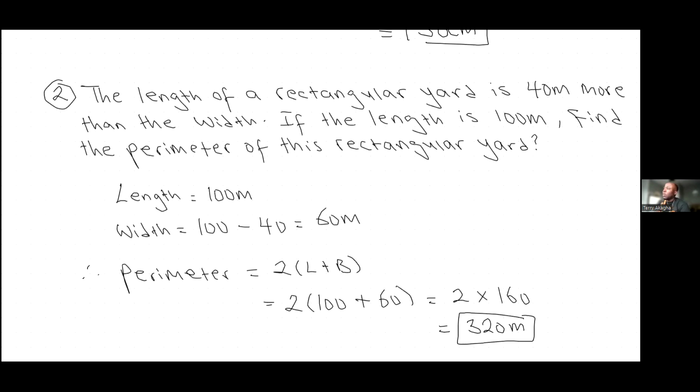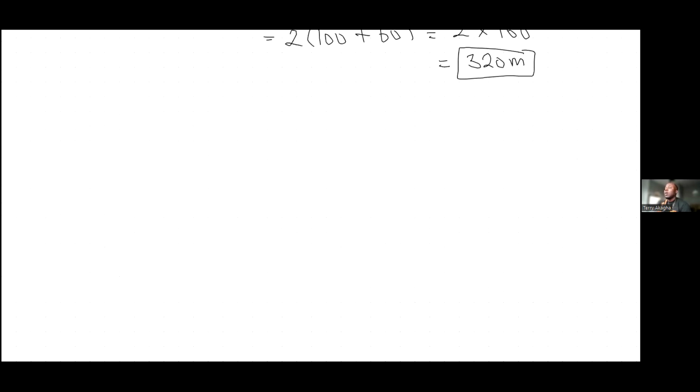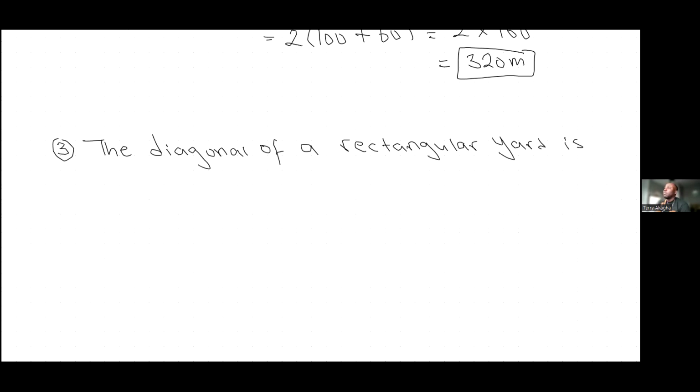Now let's pick another question here, number 3. So we're told the diagonal of a rectangular yard is 5 meters, and the breadth or the width is 3 meters.